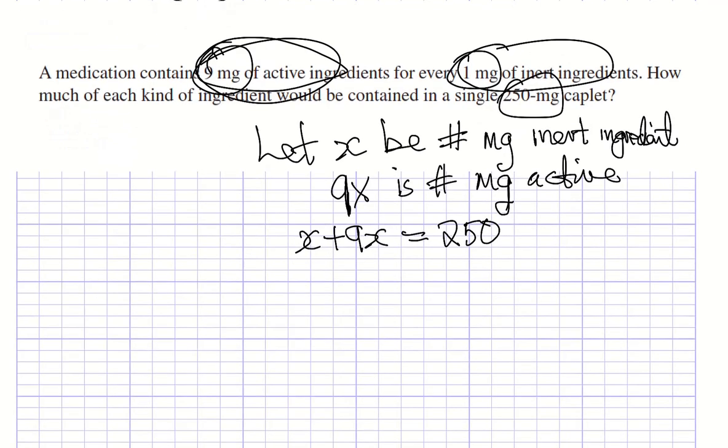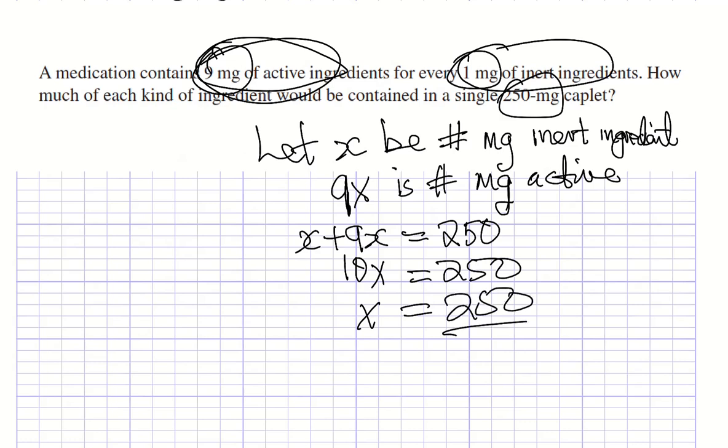Okay, so you combine the left side, you have 10x equals 250. x equals 250 over 10, okay? You divide these out, you get 25. That's all that means.